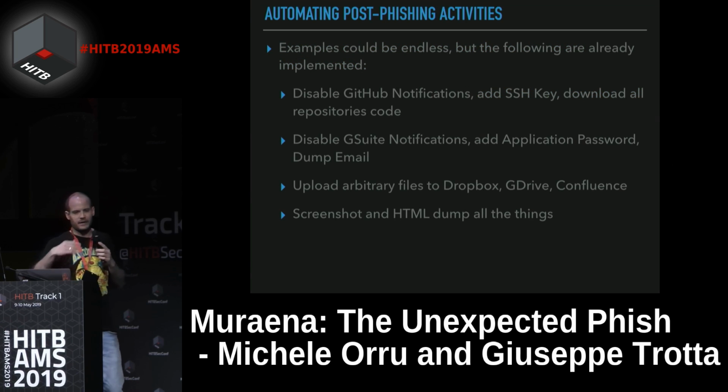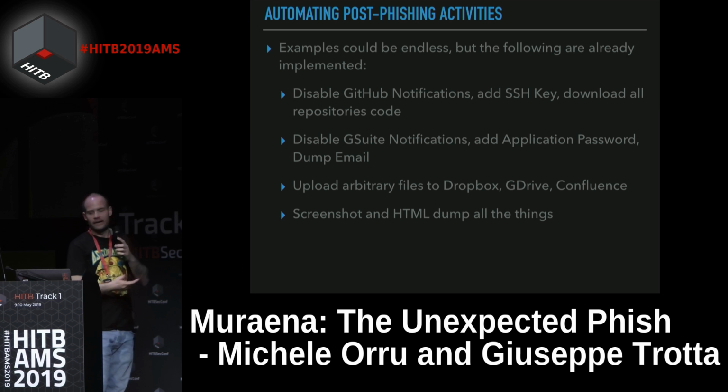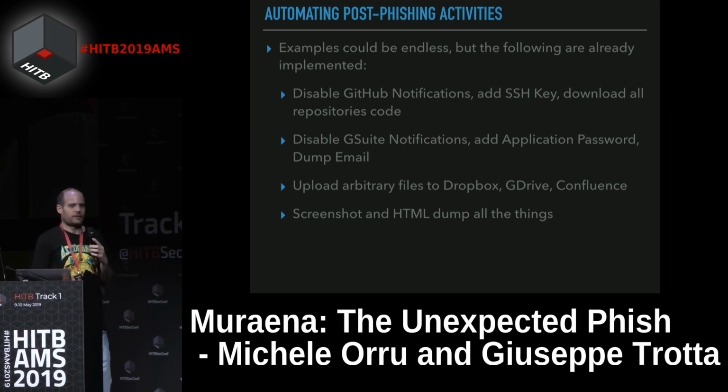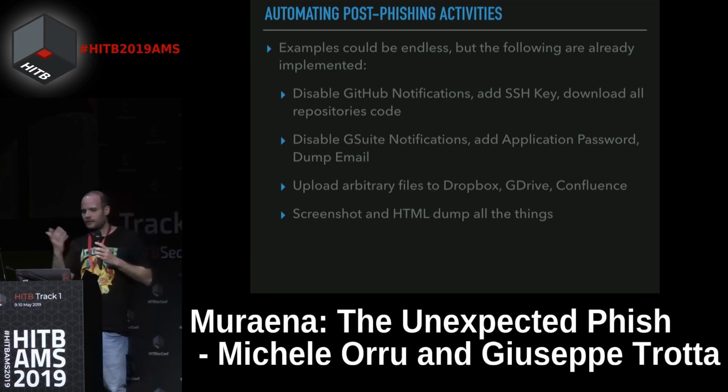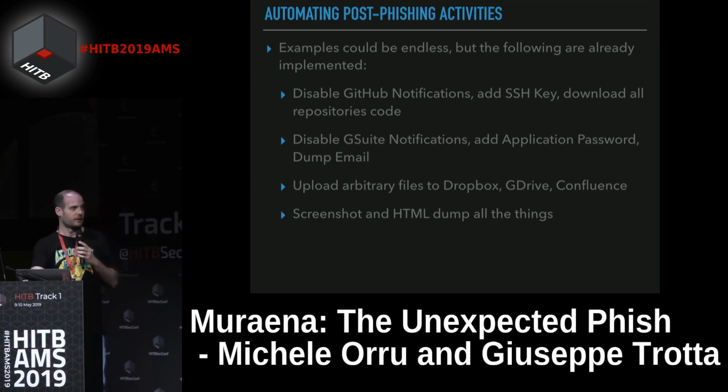So, as we were saying, examples could be really endless. Since you are hijacking the user session, you might want to dump emails, add application keys, download all the files, take screenshots, dump HTML. It's up to your imagination.